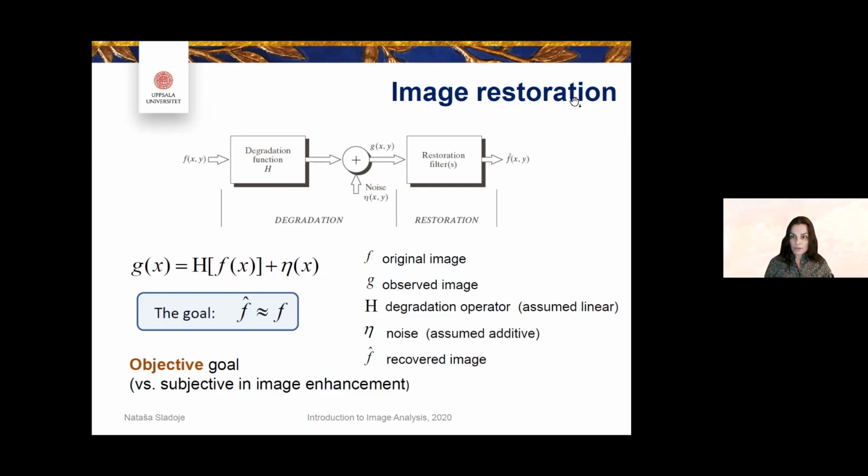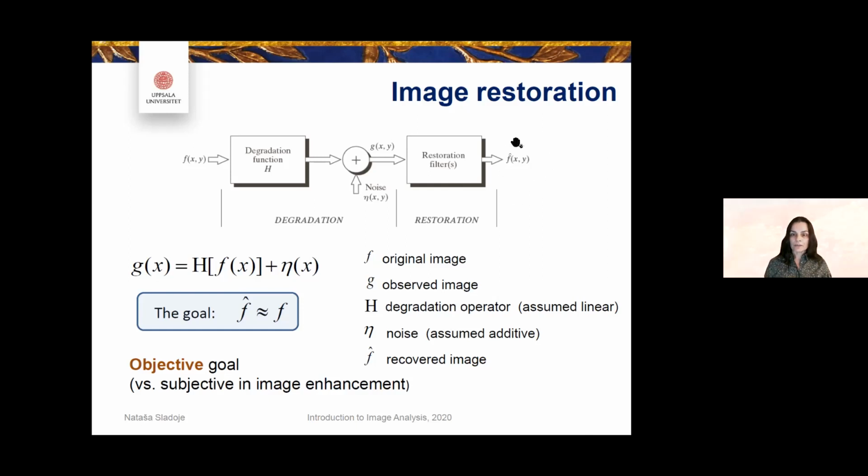Image restoration then aims at inverting this process, undoing it, starting from this observed image, where we have some assumption on how it is created during this degradation process. So the restoration aims at recovering the original image by inverting, or in some other way undoing, the effect of degradation.